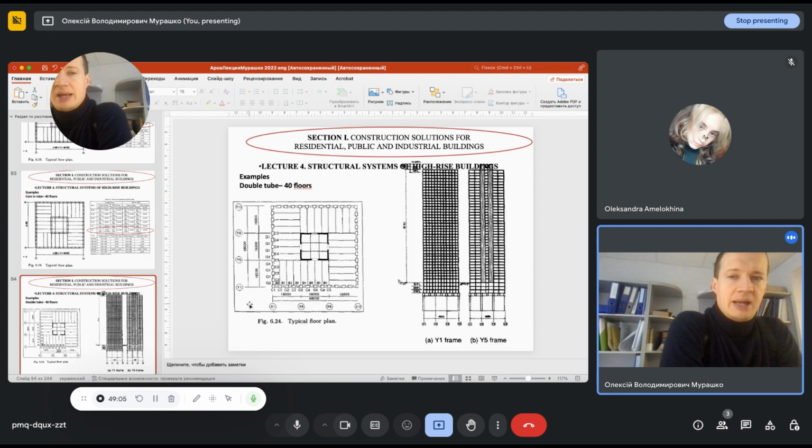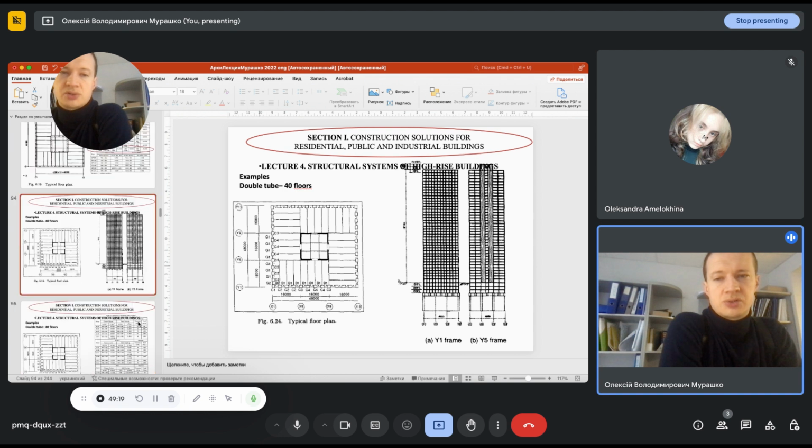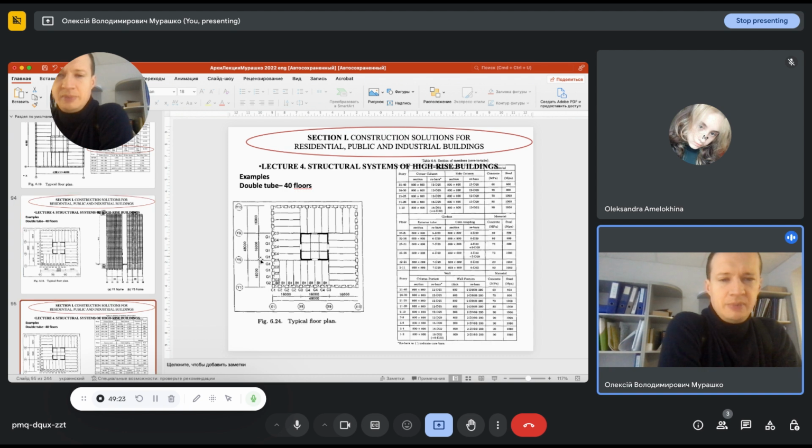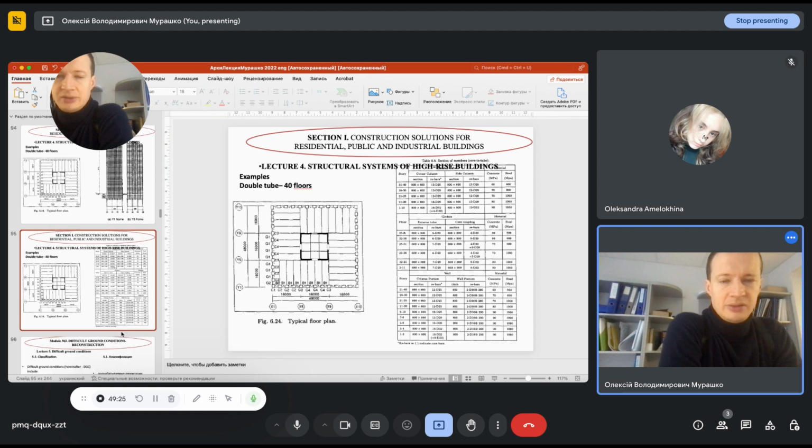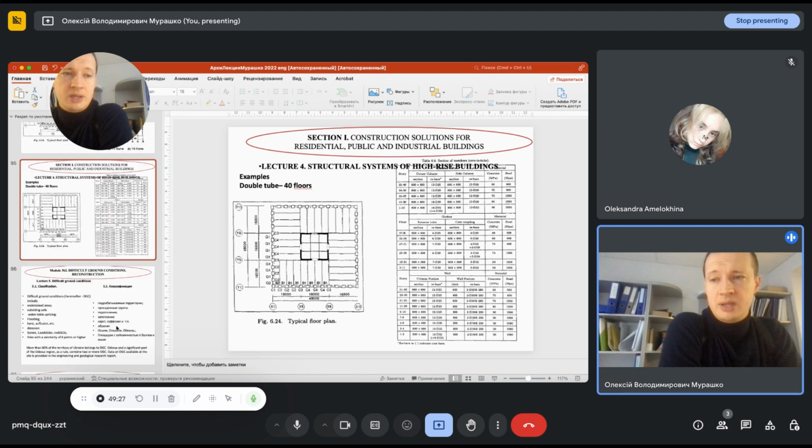And another type is the core double tube building. The difference between this and the previous one lies in that we can see here the walls with big thickness. The thickness of such walls equals 800 millimeters, as I remember. Yeah, 800 millimeters. So it is a very huge building in the center.